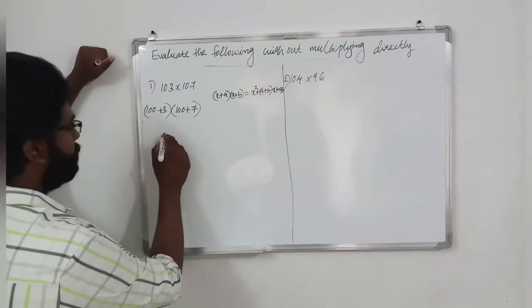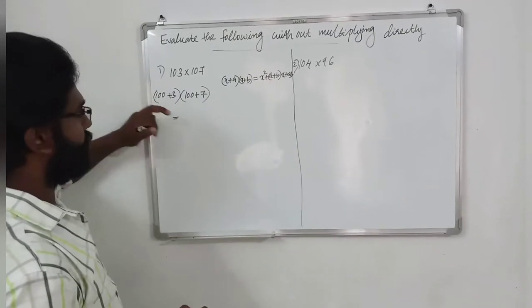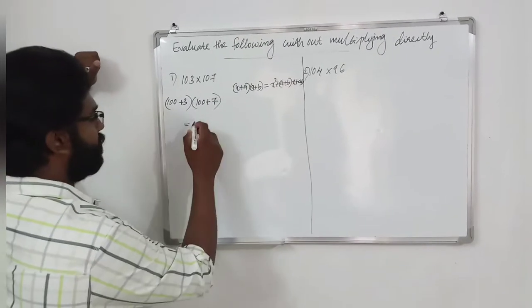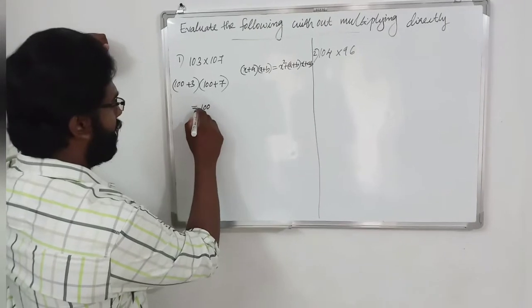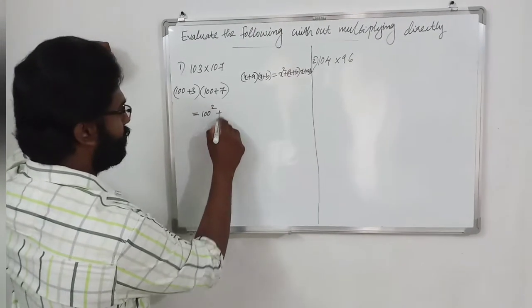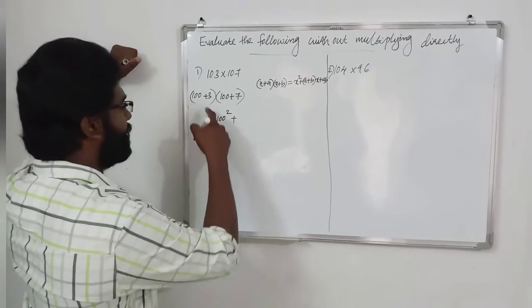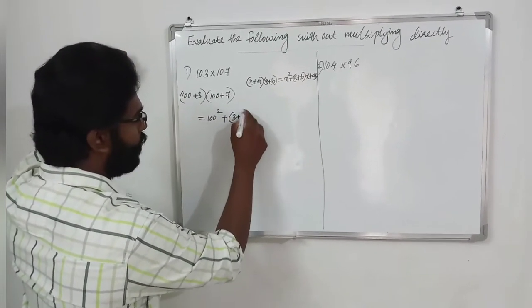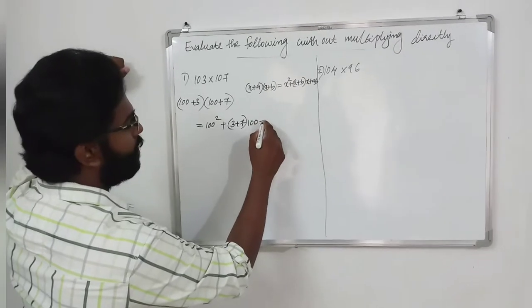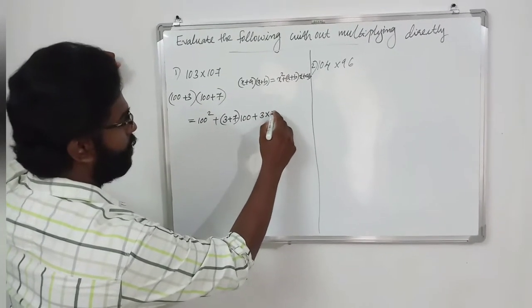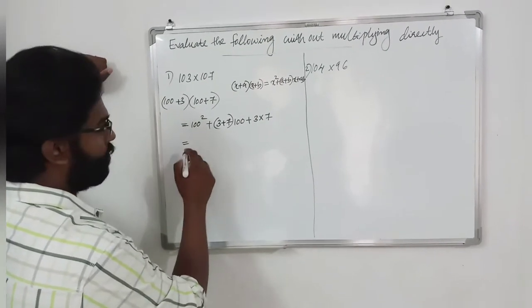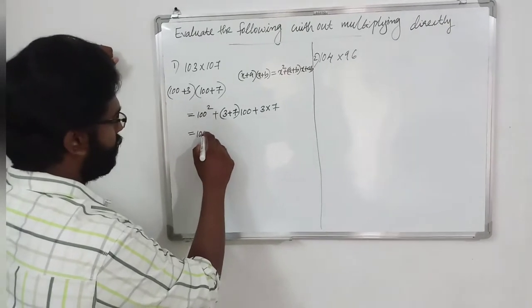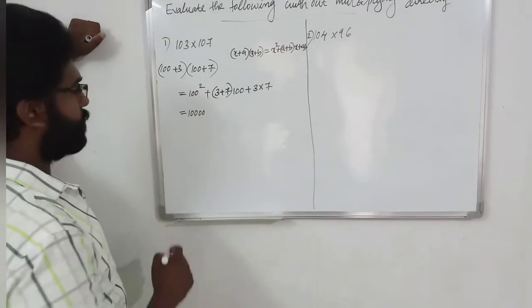We can do it. First, (100 plus 3) into (100 plus 7): x square, that means here 100 square, plus (a plus b), 3 plus 7, into x, x is 100 here, plus ab. The square of 100 is 10,000.